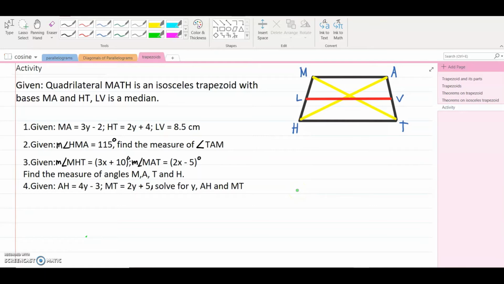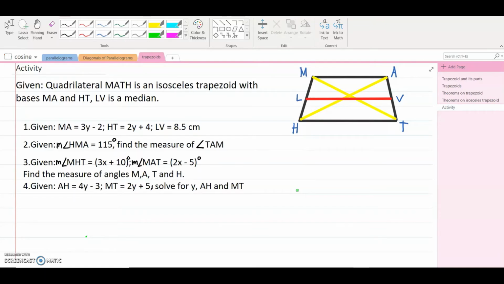Okay, so for our activity, we're given quadrilateral MATH, which is an isosceles trapezoid with bases MA and HT and LV as our median. Okay, let us have first number 1.